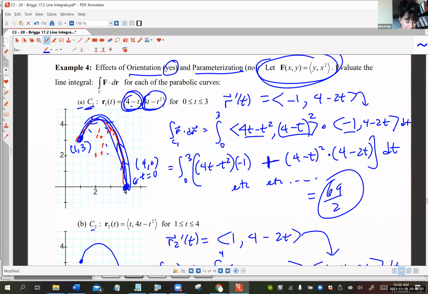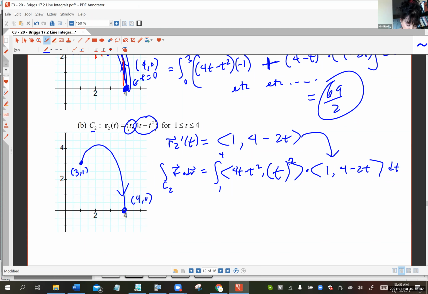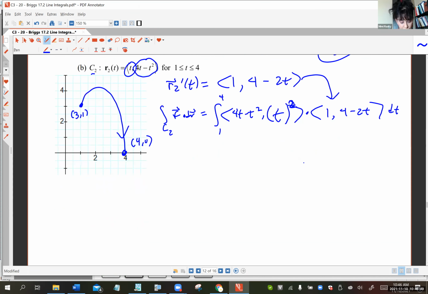Now remember, it's the same force field, but you have to be careful. You're not going to put the y and x squared. You're going to grab the y from the new vector valued parameterization, and for x squared, the x is just t, so you have t squared for that second component of the field.